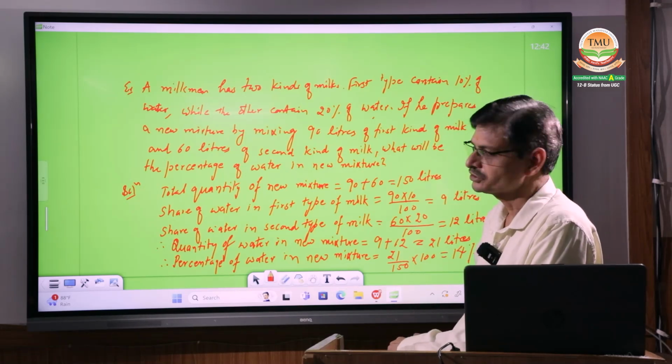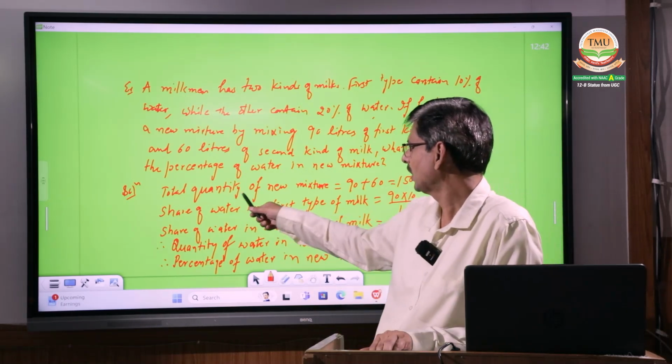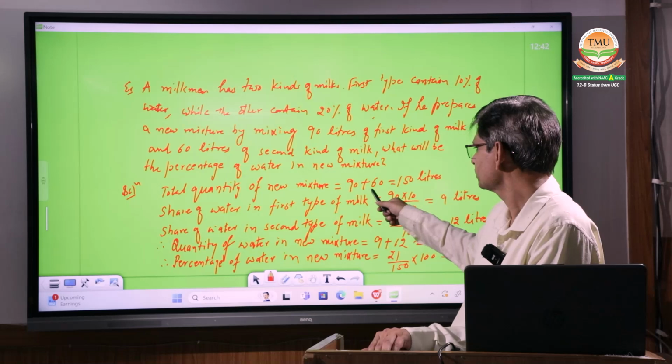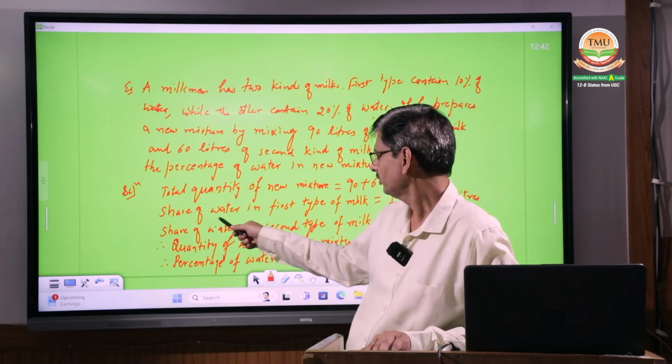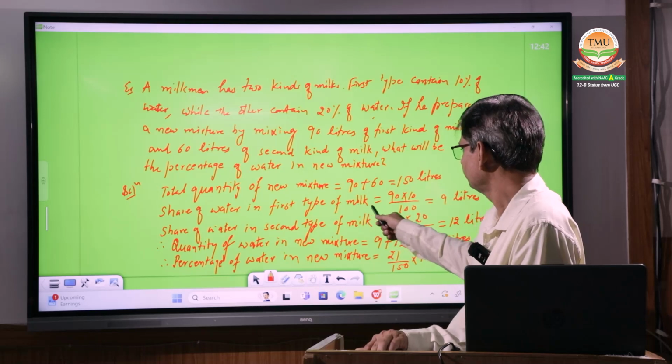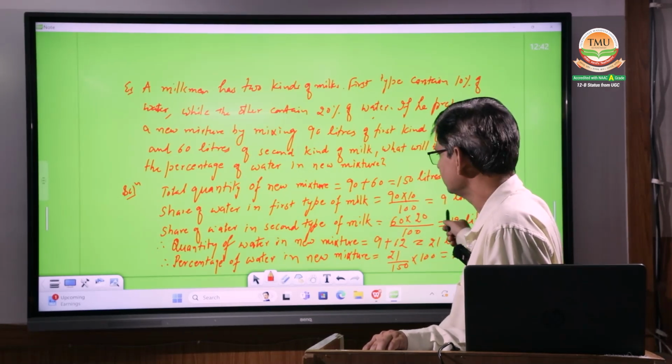Now, this is the solution of this question. The total quantity of new mixture is 90 plus 60, that is 150 liters. Share of water in first type of milk is 90 into 10 upon 100, it will be 9 liters.